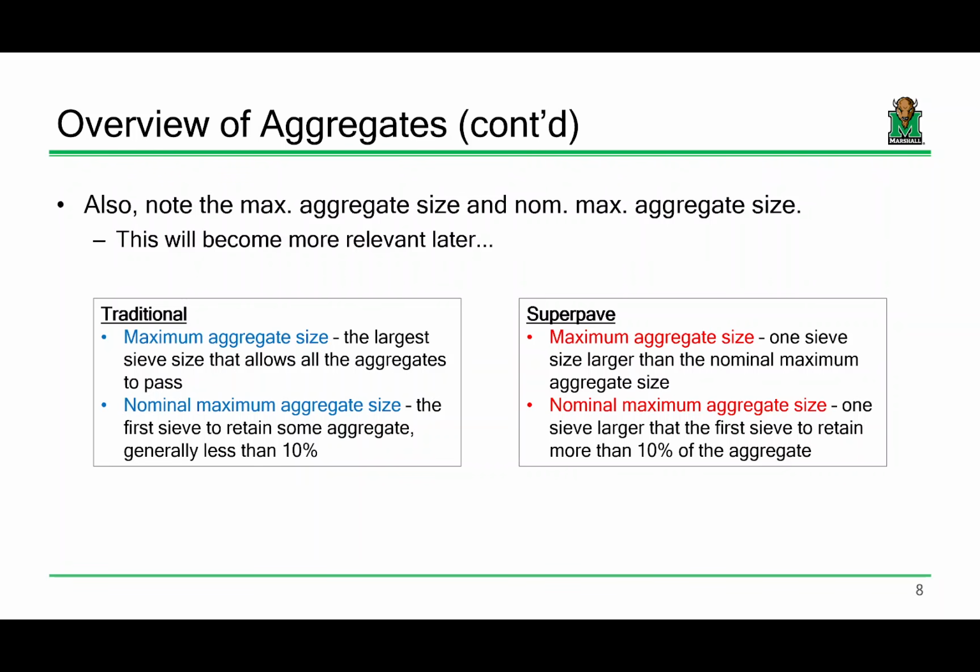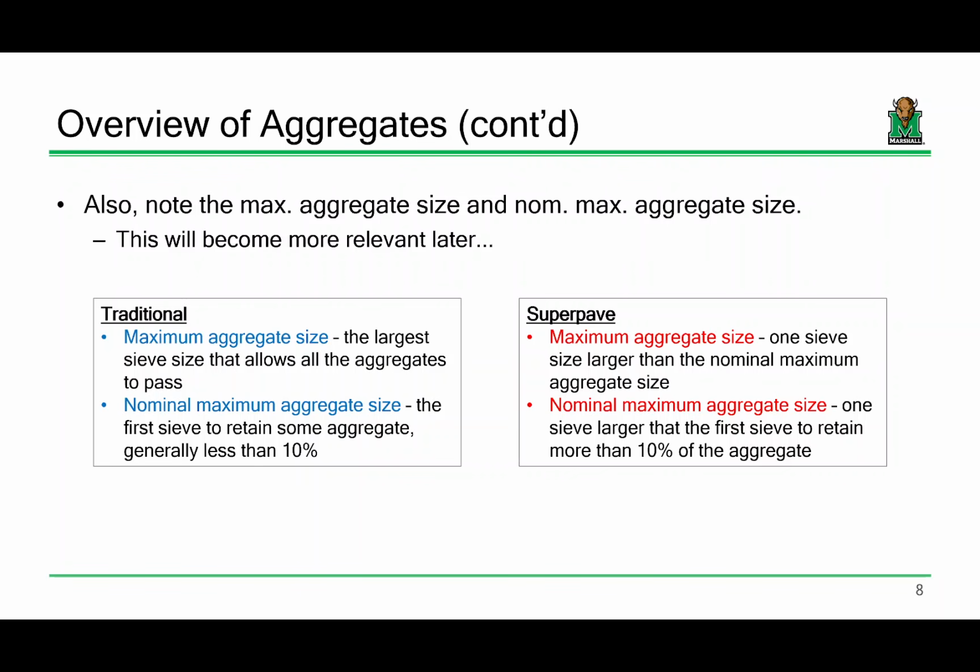For now, just keep these terms in the back of your head. It's not really going to be very important today. But the nominal max aggregate size is typically the first sieve to retain some aggregate whenever you do a sieve analysis. The maximum aggregate size is sort of 1 sieve larger.